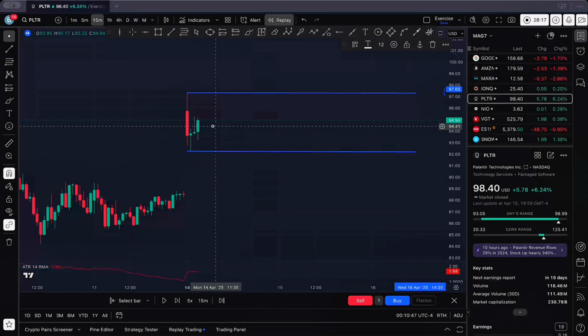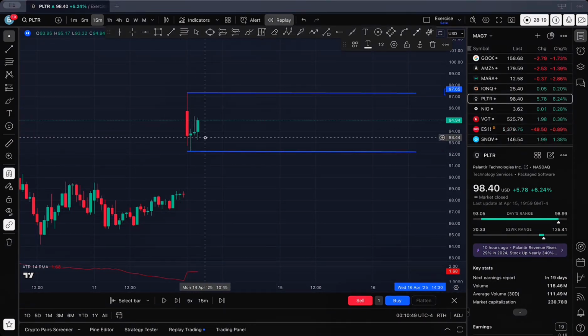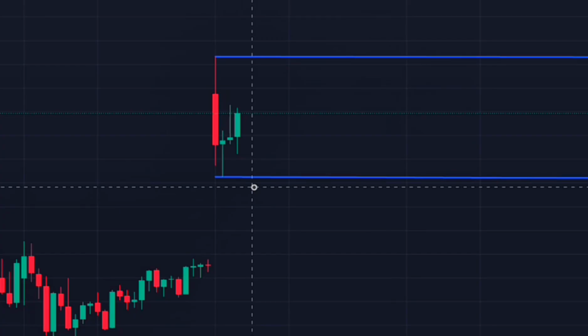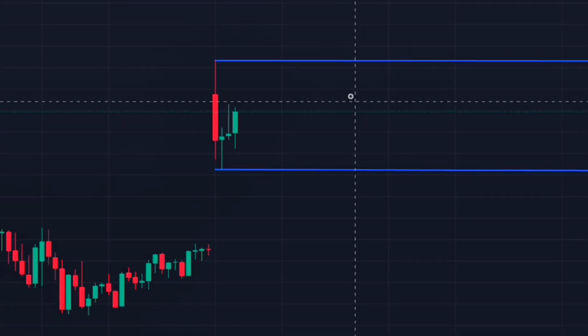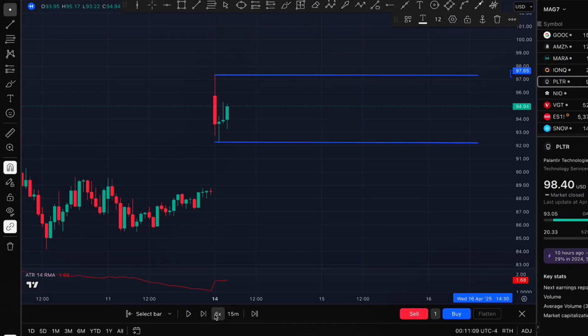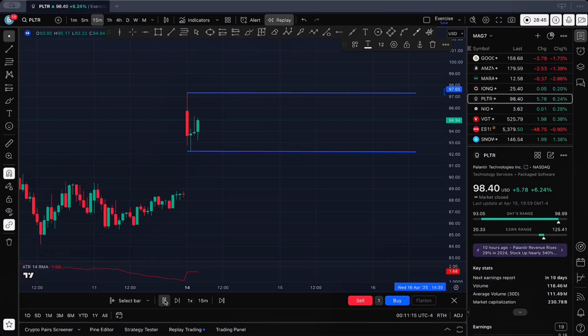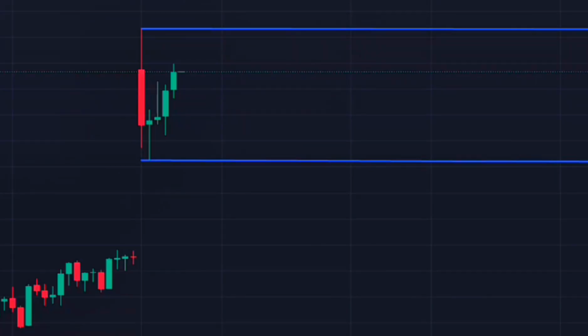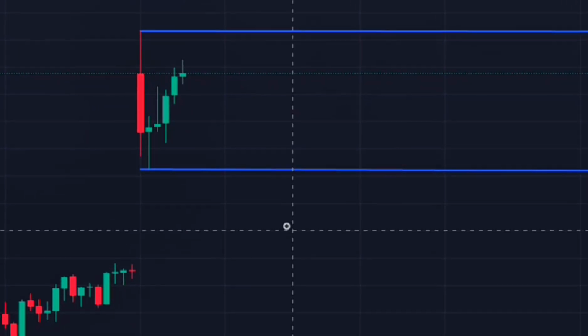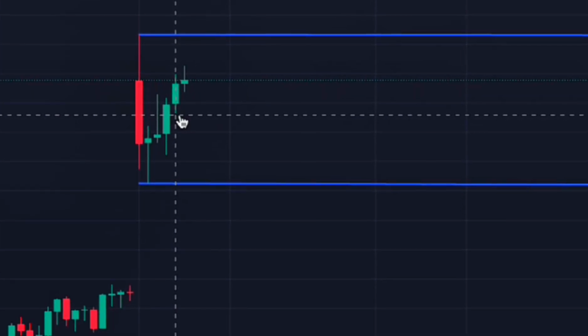So we have 4 candles here. Now we have to wait for the next candle to print at 10:30, right? So let's play this here to see. Okay, we have it. We have the first candle here.